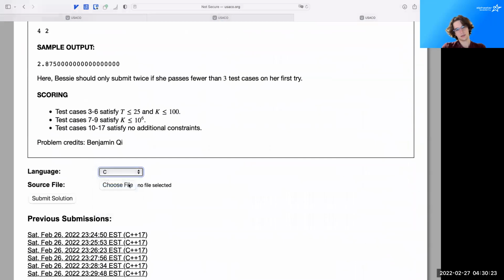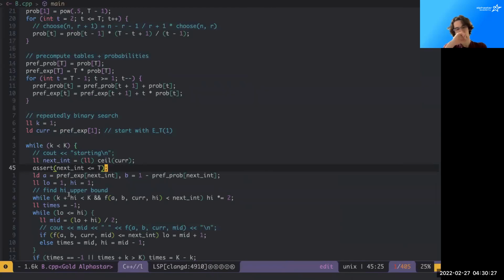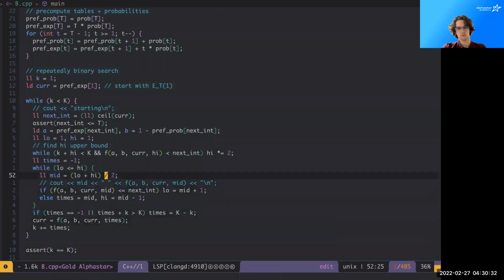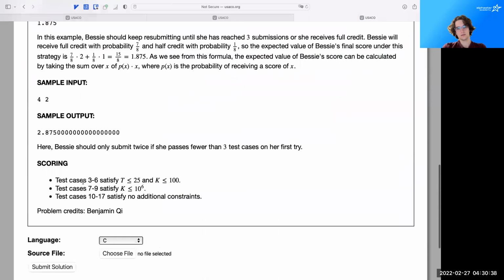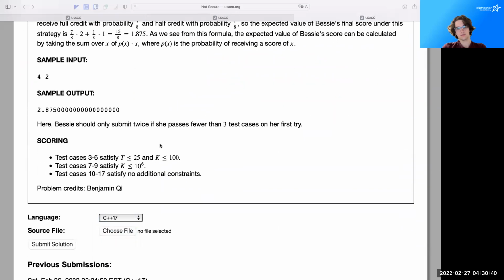Add another assert, see what that tells us. Still find the same ones.